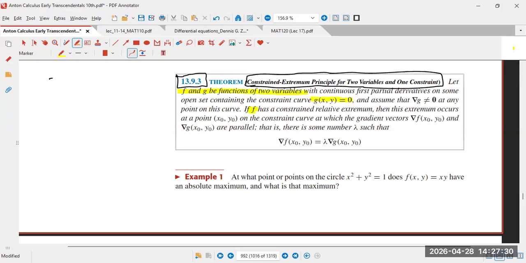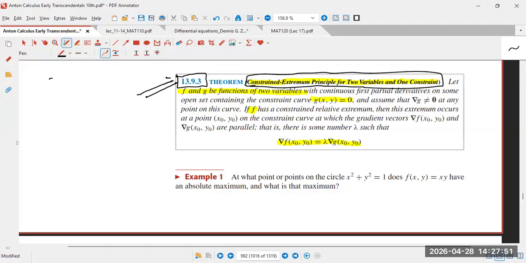So according to the constraint extremum principle for two variable and one constraint, at maximum point or minimum point, gradient of f, that means gradient of main function, is equal to lambda times gradient of constraint. So this theorem is called Lagrange multiplier theorem.